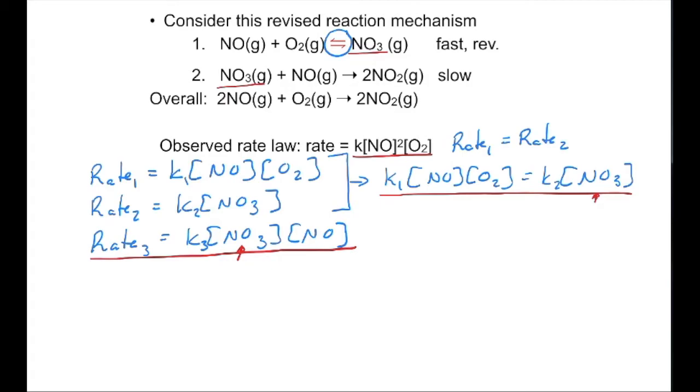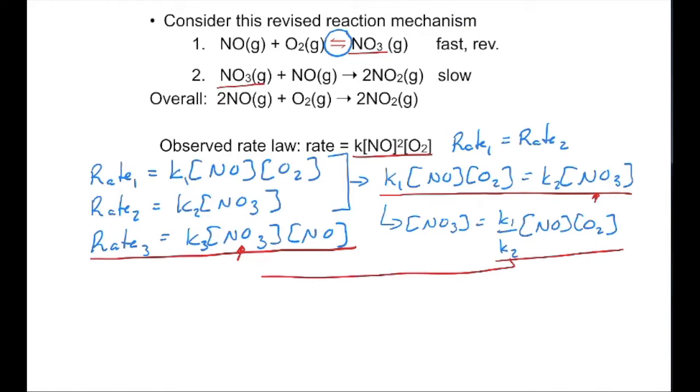So let's solve this equation for the concentration of NO3. That's going to equal K1 over K2 times the concentration of NO times the concentration of O2.